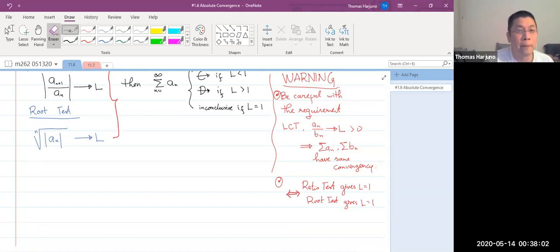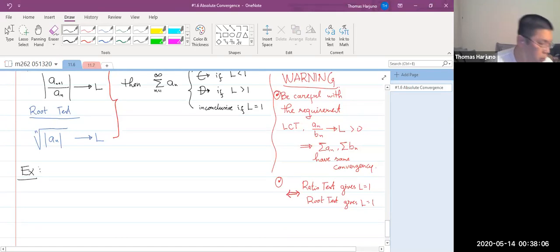Suppose I use number 8: the sum of n factorial over 100 to the n, n equals 1 to infinity.